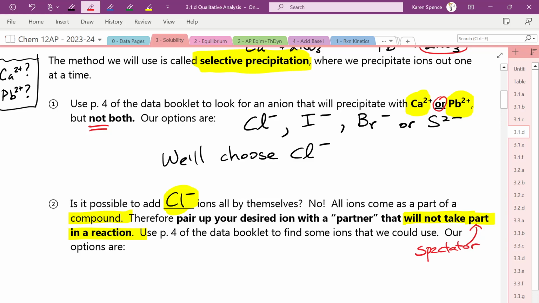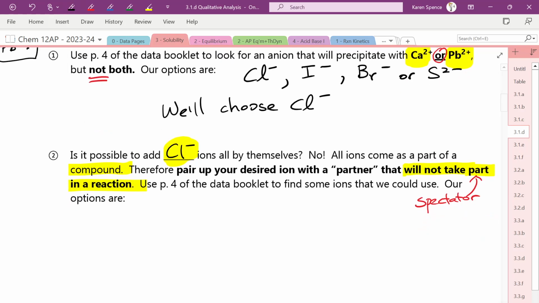So we have a negative ion. Are we going to have to pair it up with a negative ion or a positive ion? Positive ion. Who would you like to pair it with? You can go look on page 4.